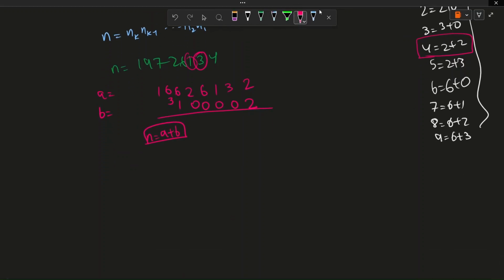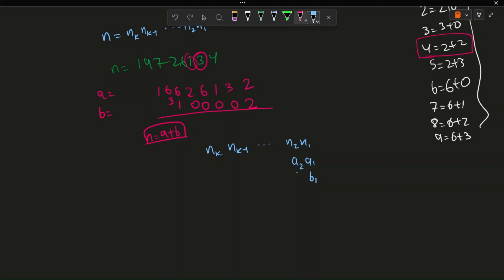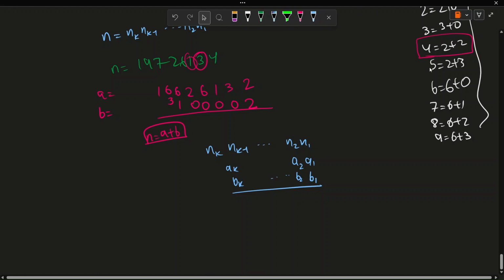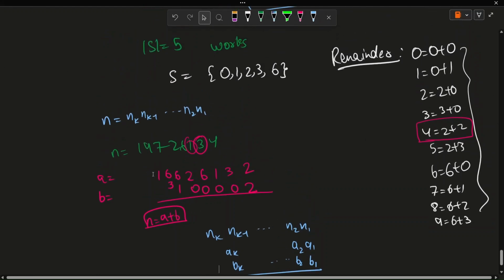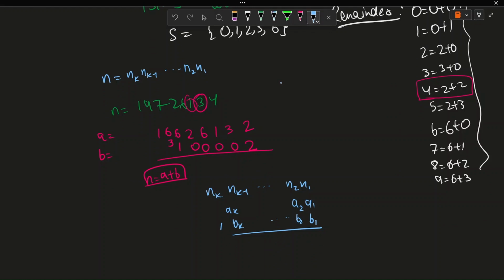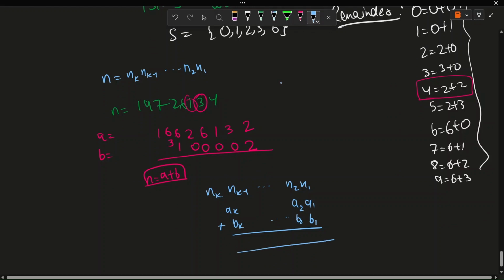So if we formalize this, if these are the digits of n, we write n1 as a1 plus b1, n2 as a2 plus b2, and we go until nk is ak plus bk, and notice that all the digits can be written as ak plus bk, because we have shown that any digit can be written as a sum of two digits from our set S. So we can add both of them and get the number n.